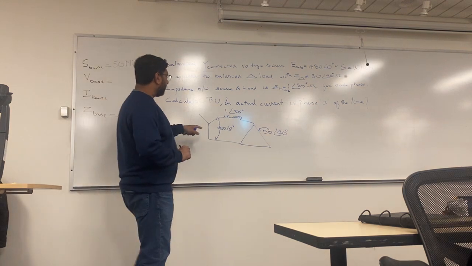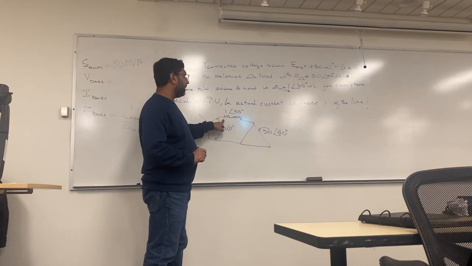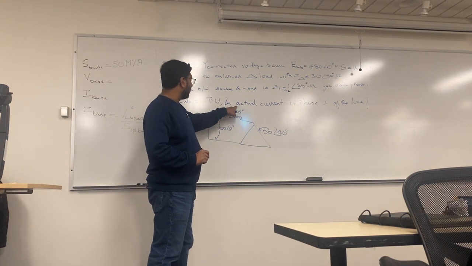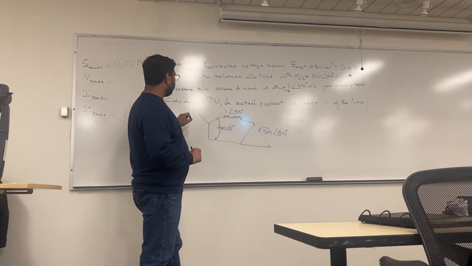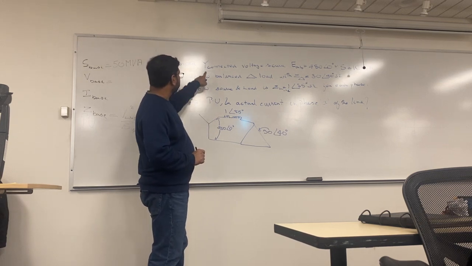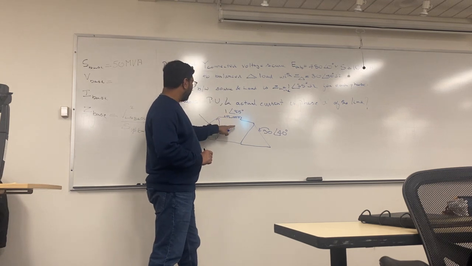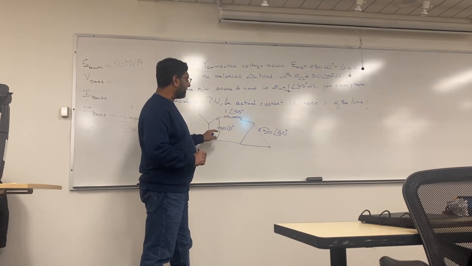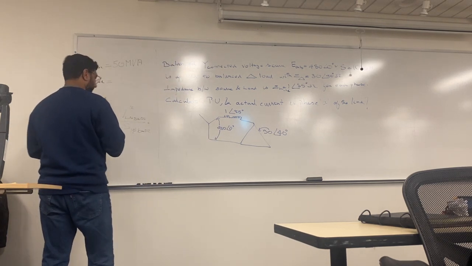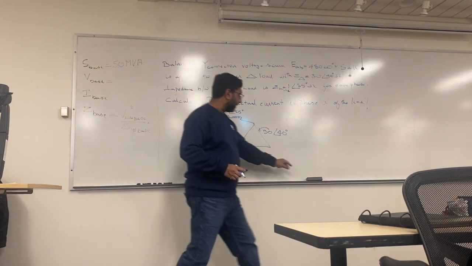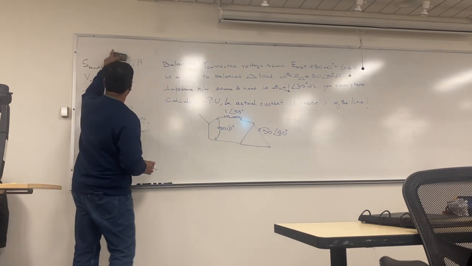Now I'm going to find the Z per unit associated with this line. Keep in mind I fixed my S base from the source, my V base from here, and I just on the last sheet derived my Z base. So maybe we should just keep track of all the numbers here.